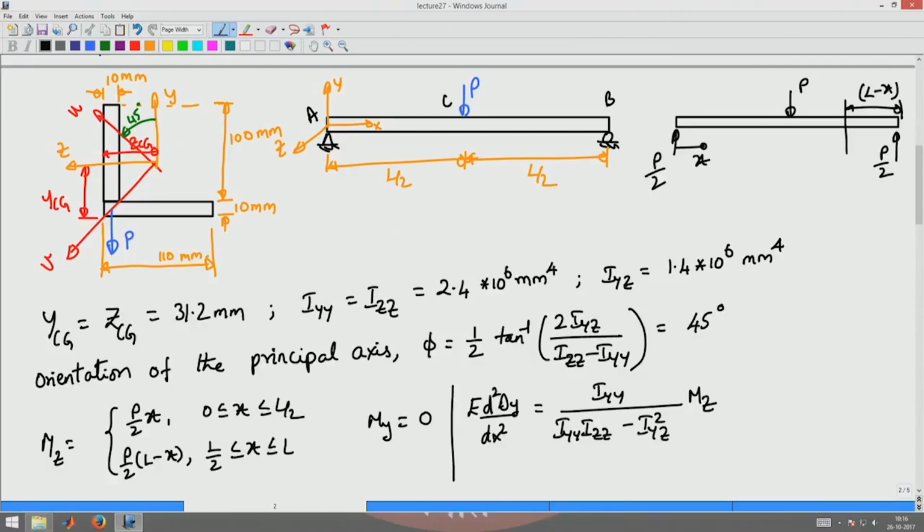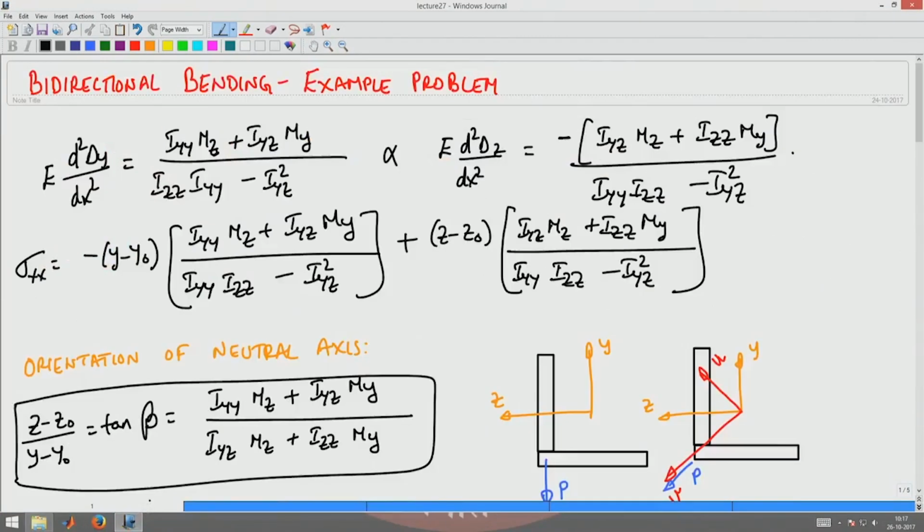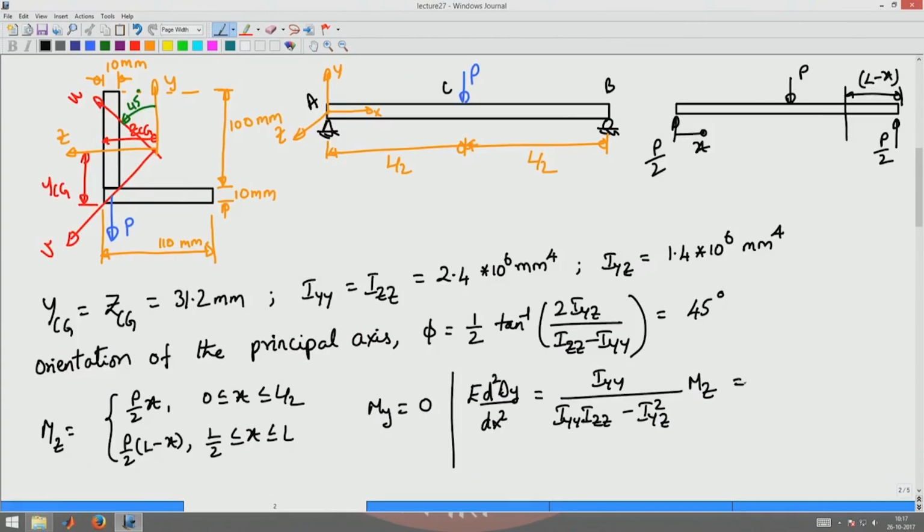My is 0, so I have used this fact and put the bending moment equations Mz and My into this equation, and hence we got that. This I will write as k1 times Mz, where k1 for our cross section is 0.63.